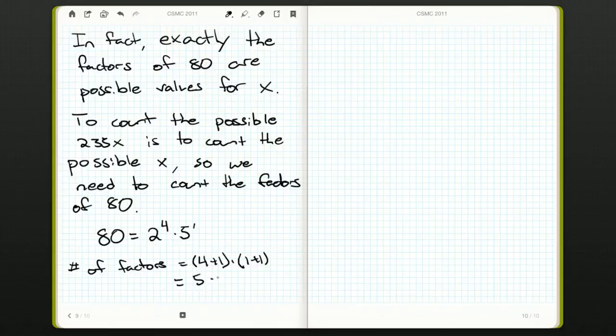So we have 5 times 2, which is equal to 10. So our final answer would be 10.